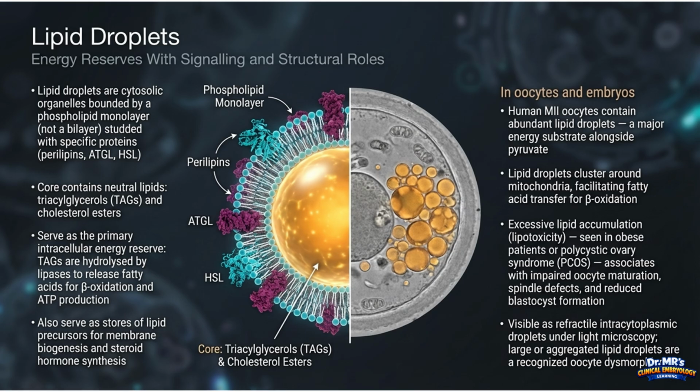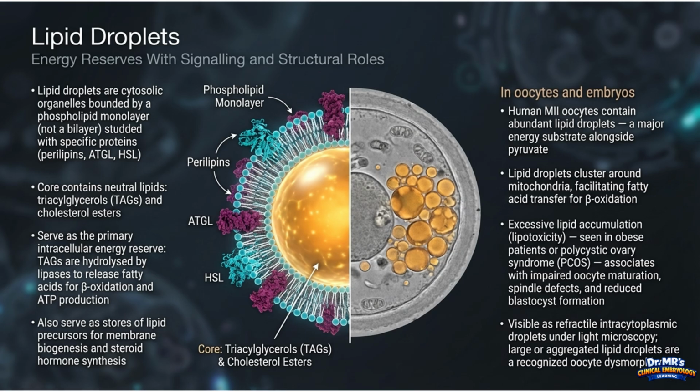They are typically scattered throughout the cytoplasm and are particularly concentrated around mitochondria, which reflects their functional relationship. The proximity facilitates rapid fatty acid transfer for oxidation. Under light microscopy, they appear as refractal intracytoplasmic droplets, and their presence in moderate numbers in a normal distribution is entirely expected.